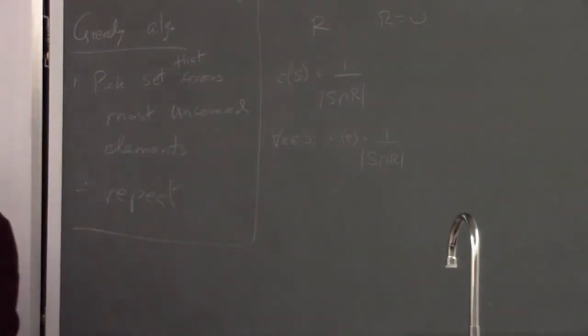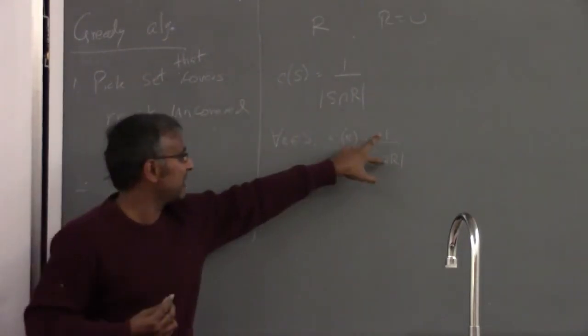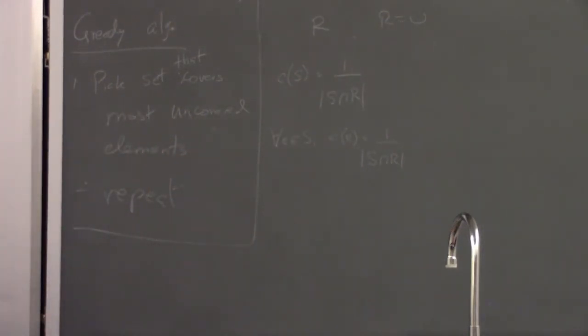We're going to assign a cost to each element. In some sense, this is the price of each element in the set. Each element is picking up a 1 over |S intersection R| fraction. That's its contribution to the entire proceedings in some sense.